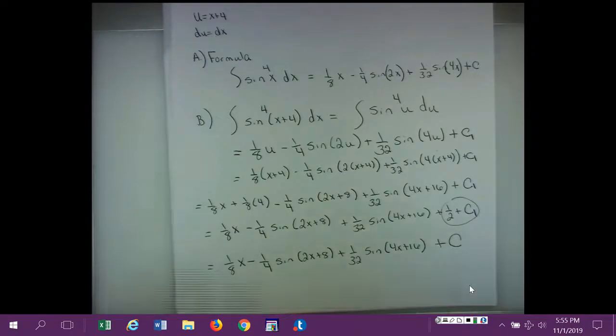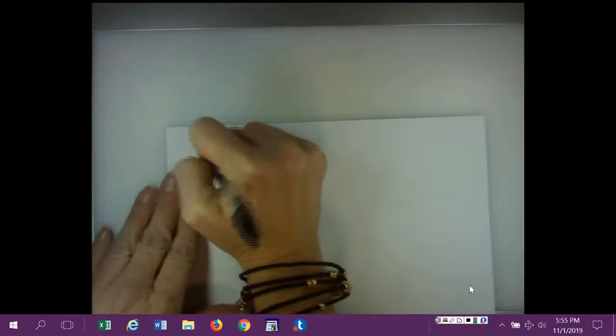Okay, so that was one problem from Roman numeral number 1, a power of sine. Now I'm going to show you a problem number 2, which comes from Roman numeral number 2, a product of sine and cosine, and we're going to use a table.